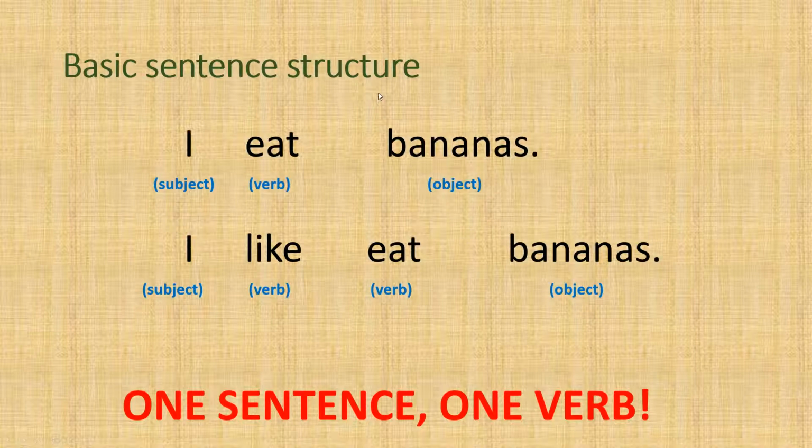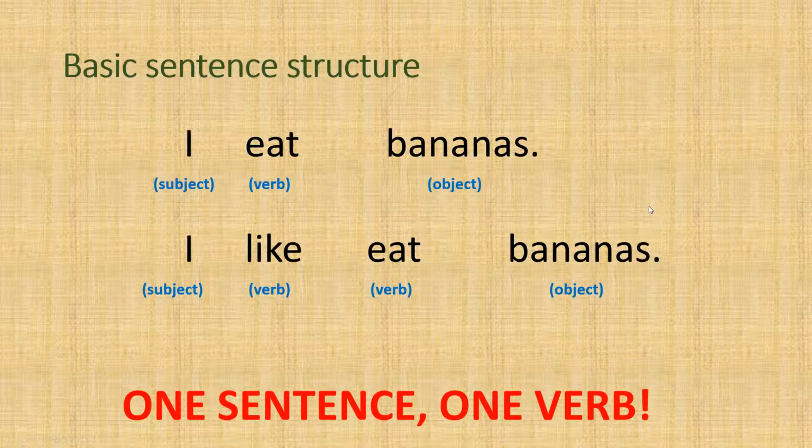Well, if we have two or more than two actions in a simple sentence, what can we do? Let's take a look at this sentence. I like eat bananas. I think most of you will know that this is wrong. Why? Because there is a very basic grammar rule that there is only one verb in one sentence.